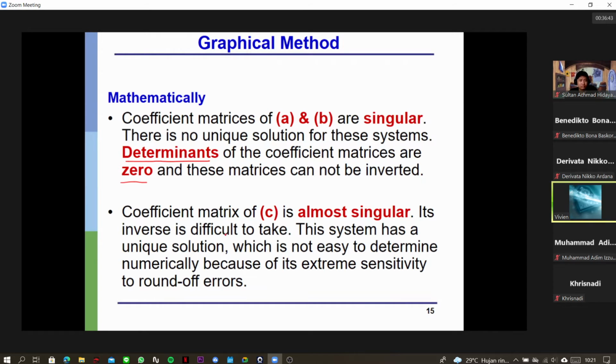Now, for the ill condition problem, we can say that an ill condition matrix is almost singular. It has a unique solution, but it's not easy to get because it's extremely sensitive to round-off error.